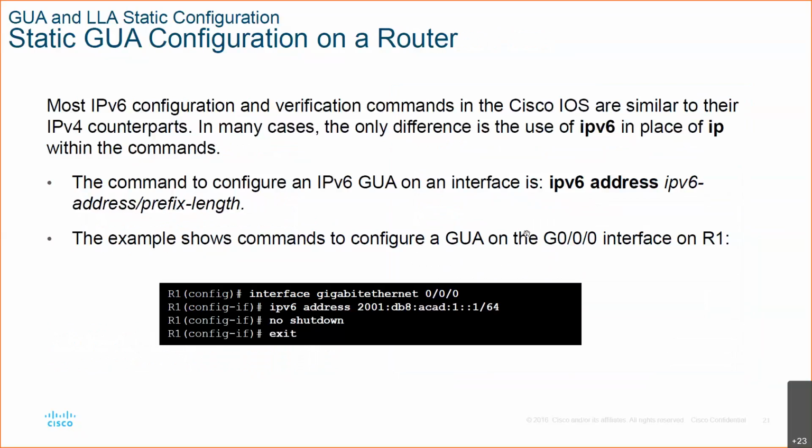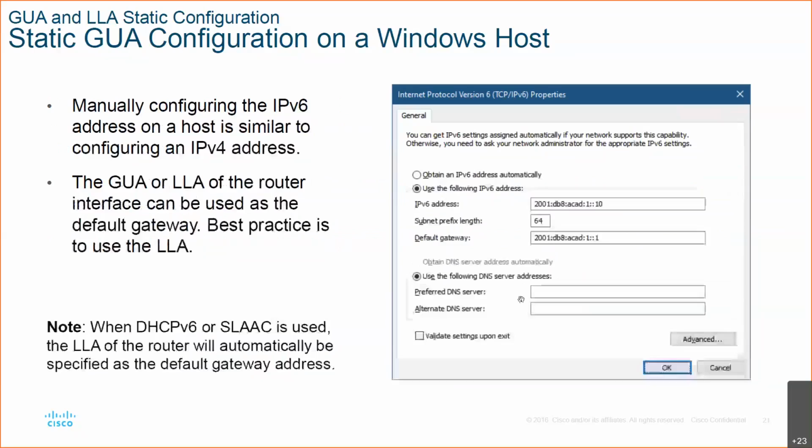Here I have assigned my Gigabit Ethernet 0/0 IP address as 1, so my default gateway will also be 1. Get the idea, my dear students? So this is how I can give addresses to my hosts, to my computers.